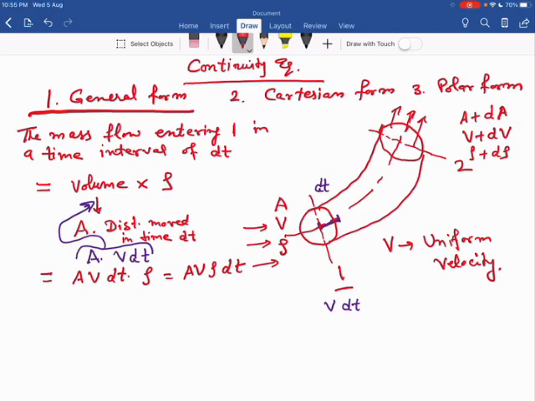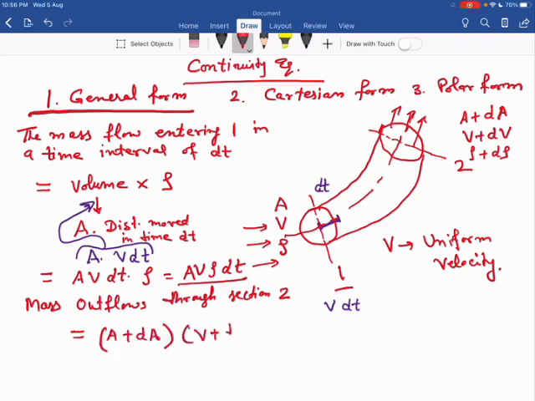Similarly, I write the mass outflow through section 2, on the same line. The cross sectional area at section 2 is A plus dA, velocity is V plus dV, and density is rho plus d rho, multiplied by time dt.